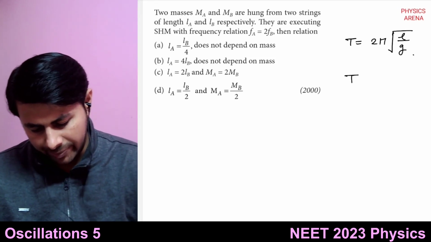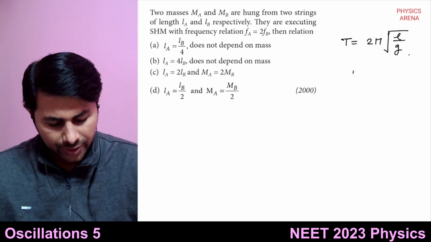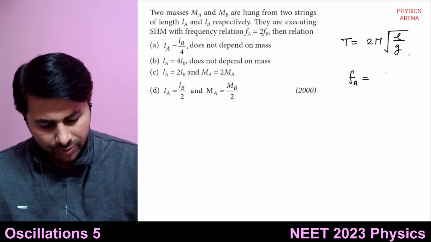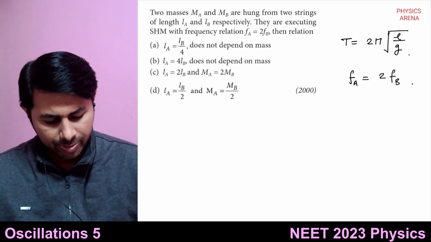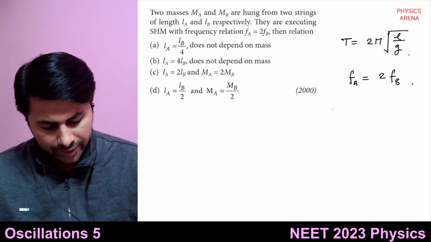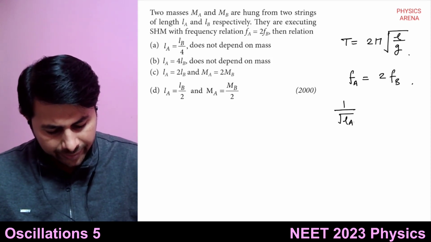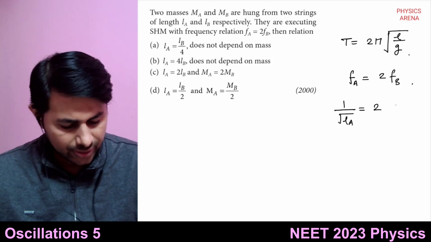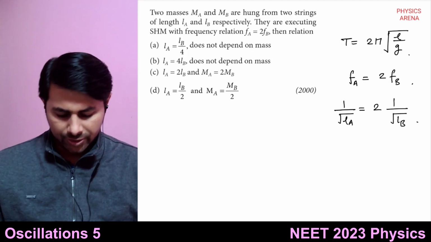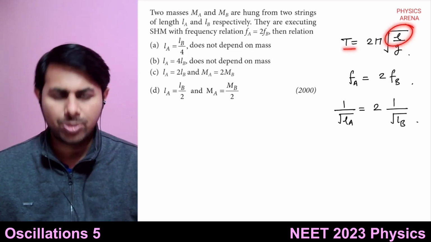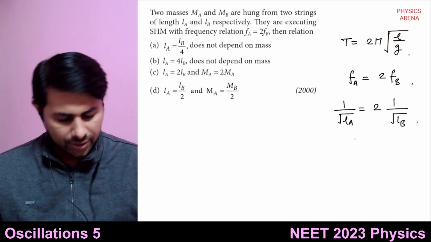FA equals 2FB. You want frequency, so frequency is inversely proportional to root of L. So you can say FA equals some constant multiplied by 1 upon root LA, equal to 2 times 1 upon root LB, because frequency is inversely proportional to root of L and time period is directly proportional to root of L. Therefore you can square it.